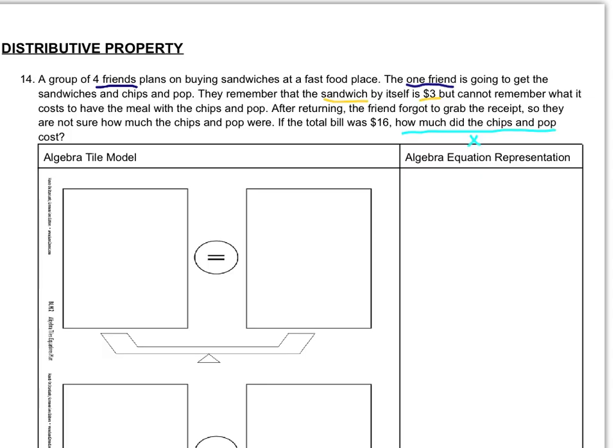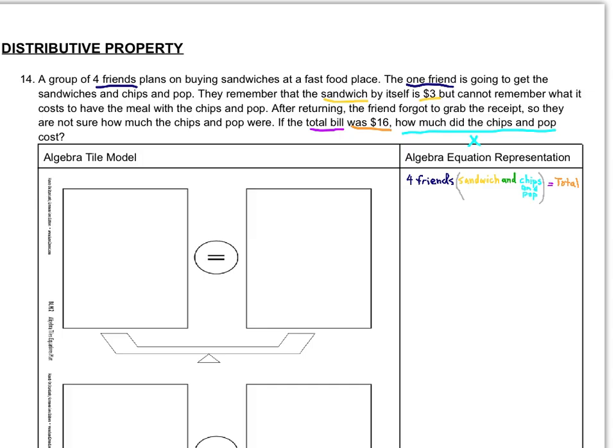They do know that the total bill was $16. So what do we have? Well, we have 4 friends, and each of them buys a sandwich, chips, and a pop. That one friend paid for everything, but really it's 4 orders of the same thing for a total of that.